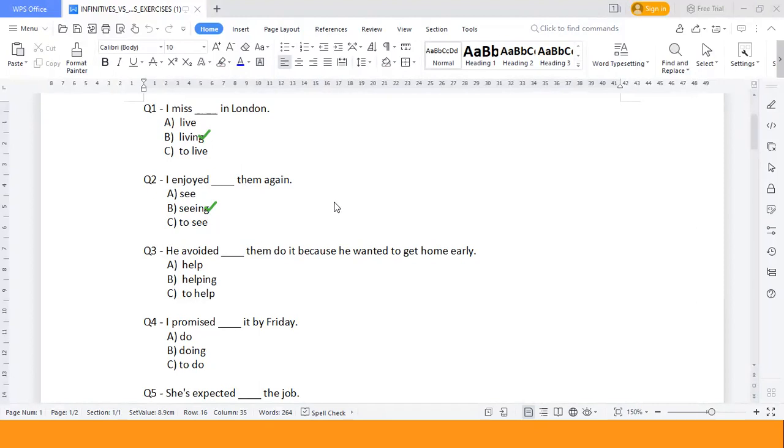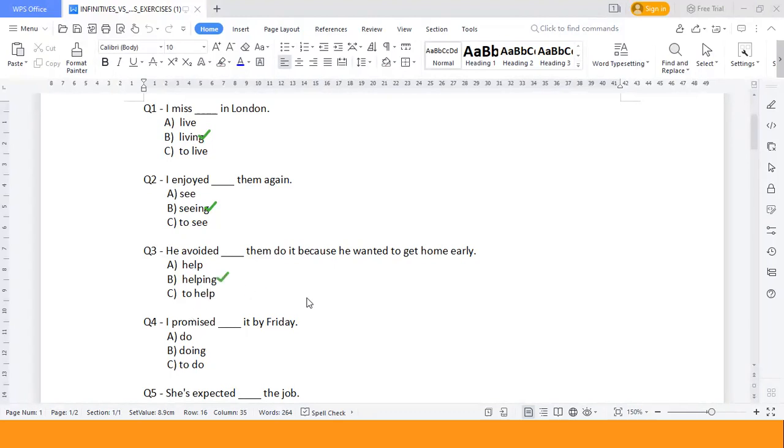Let's see number 3, Loreto. He avoided to help them do it because he wanted to get home early. I'm afraid it's not correct. After the verb to avoid, you must use... Does anybody know the answer? Helping, ing.